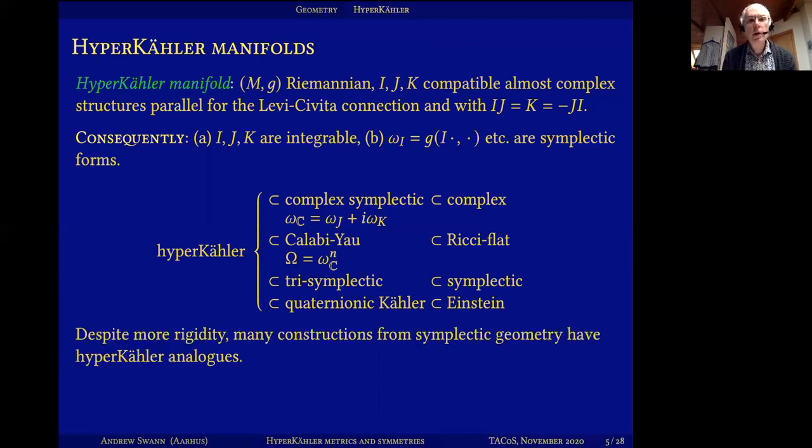HyperKähler geometry having all these properties and being Ricci flat makes it fairly rigid as a geometry.